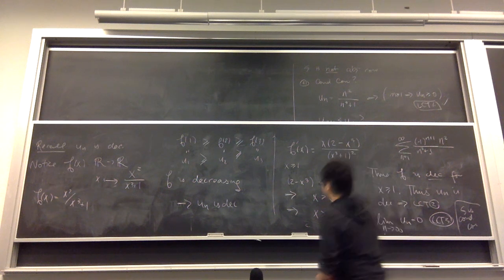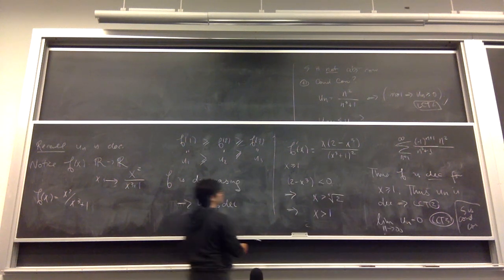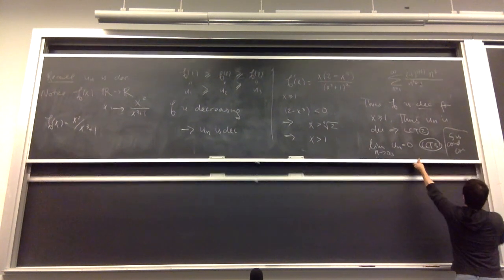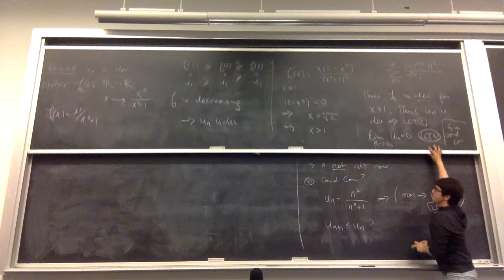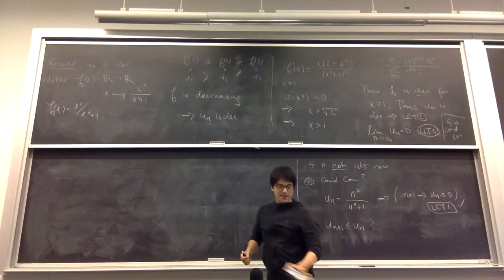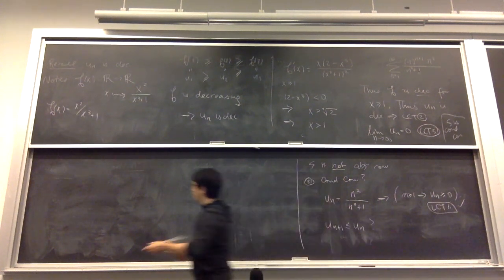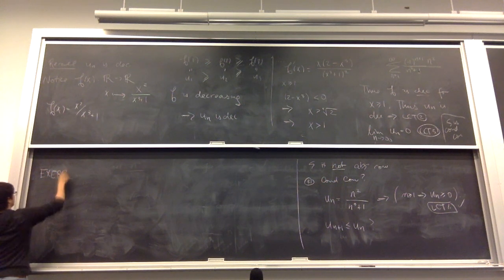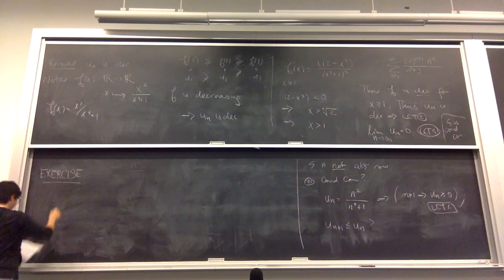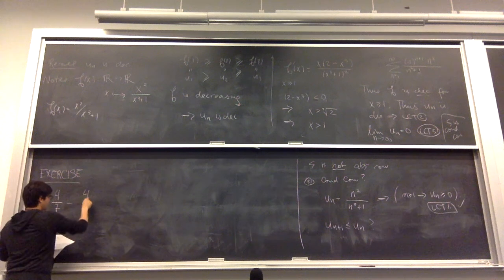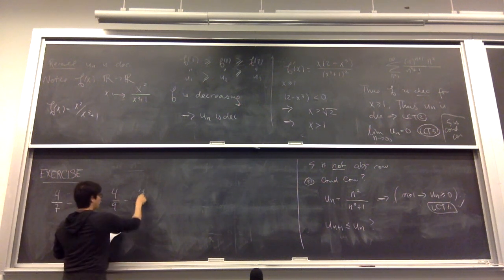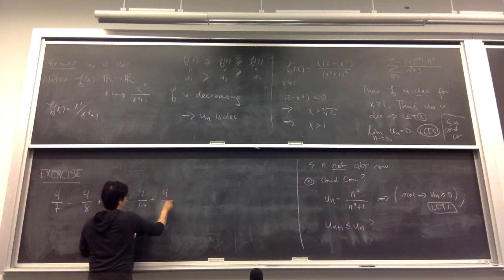So I want you to tell me about the nature of convergence for this sum: 4 over 7 minus 4 over 8 plus 4 over 9 minus 4 over 10 plus 4 over 11.